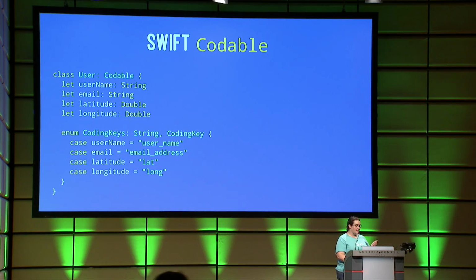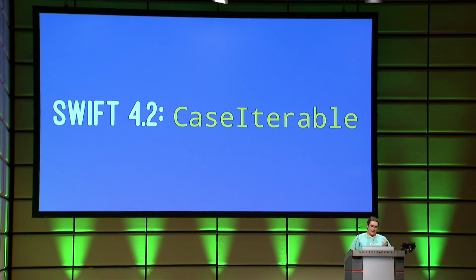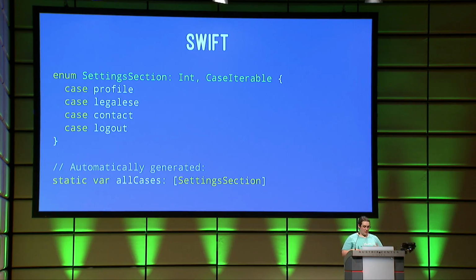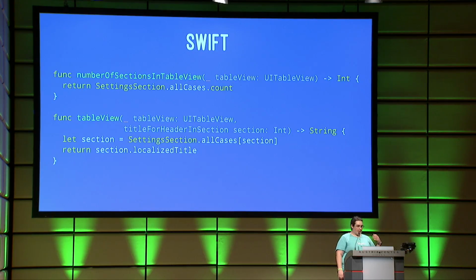Another thing that's really nice that's coming very soon is something called case iterable. And in this case, if you have that same settings section and you declare that it conforms to case iterable, you automatically have an array generated of all of the cases of settings section. And what that allows you to do is go ahead and say, okay, how many sections are in my table view?